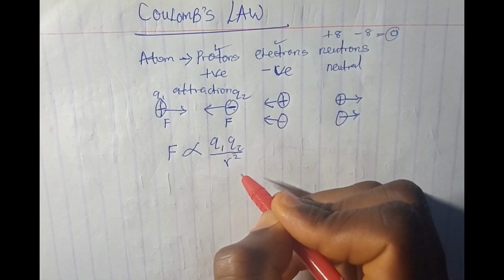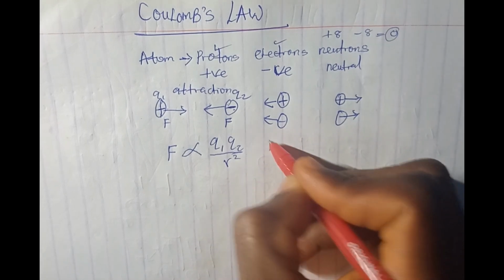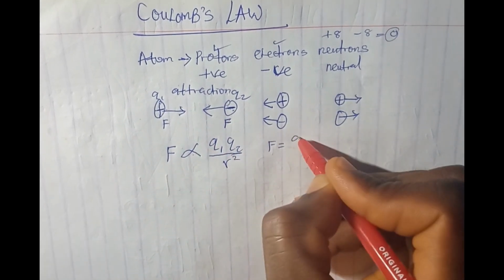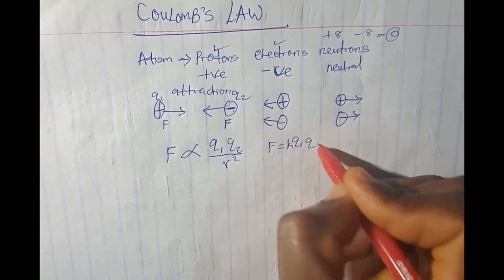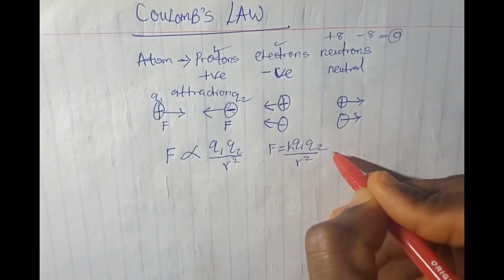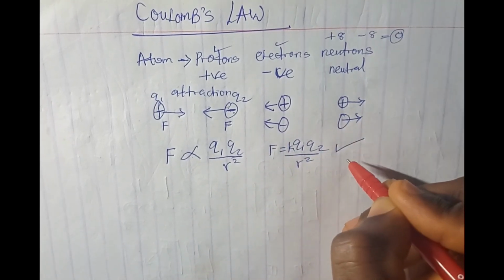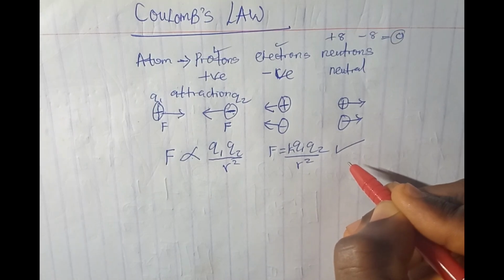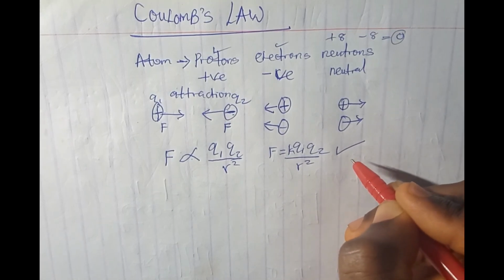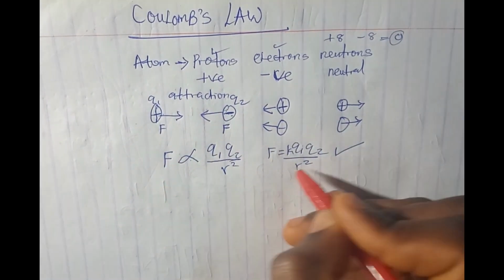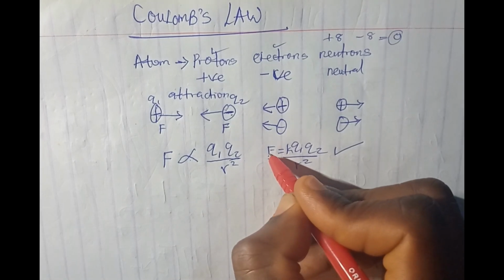Is that clear? So I have that F equals K Q1 Q2 all over R squared. This is almost the same thing as the universal gravitational law. Is that clear? Now, this could be force of attraction or this could be force of repulsion.